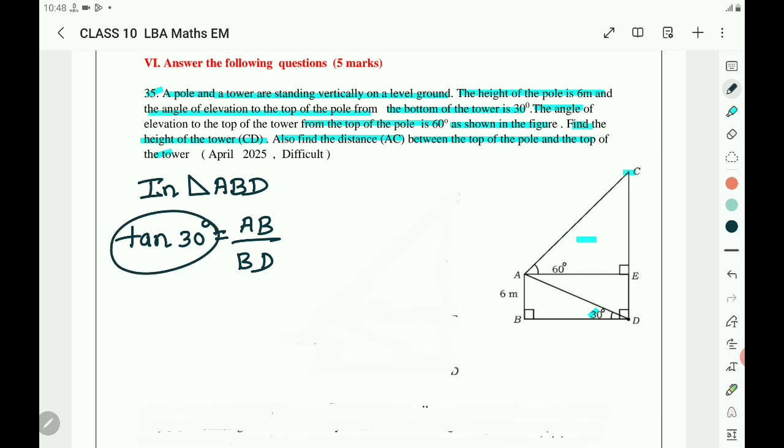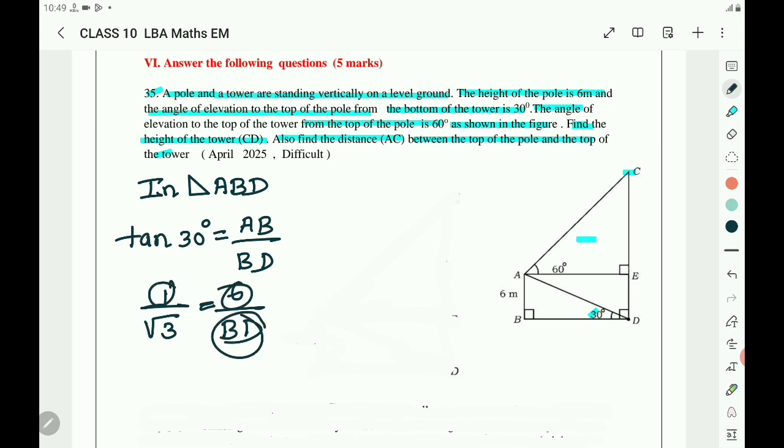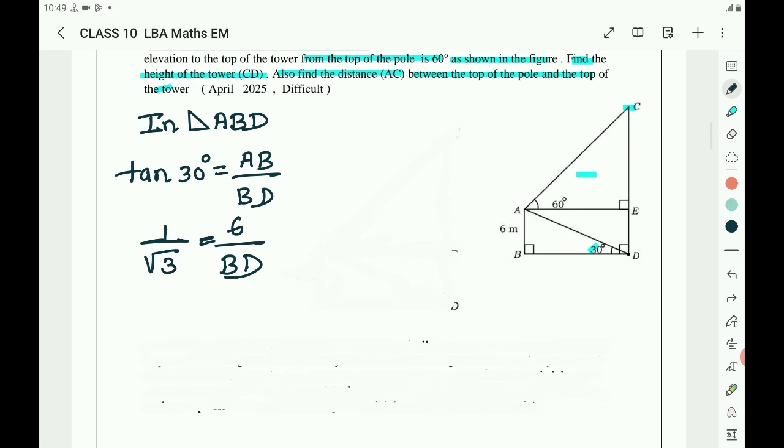Then what is the value of tan 30? Tan 30 is 1 by root 3 equals AB is given, that is the height of the pole, equals what? 6 meter. BD is to be found out, write BD only. Then 1 into BD is equals to 6 into root 3. Do the cross multiplication. 1 into BD is equals to BD.